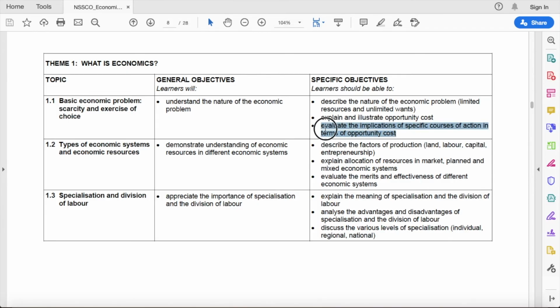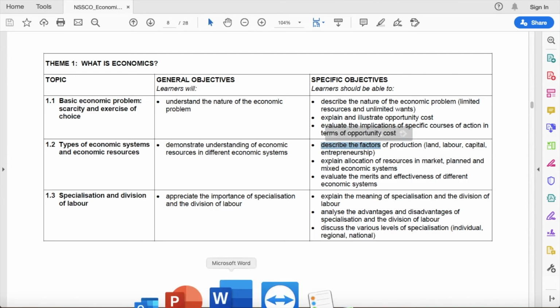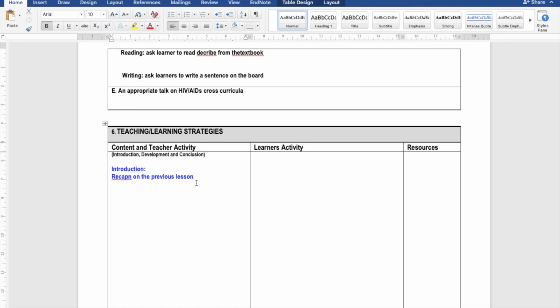So meaning that you have to first recap on what happened in the previous lesson, all right? And it should be the previous objective. If today you are teaching objective 2, meaning that you recap on objective 1. So that is what it means to recap on the previous lesson, which was opportunity cost, all right?